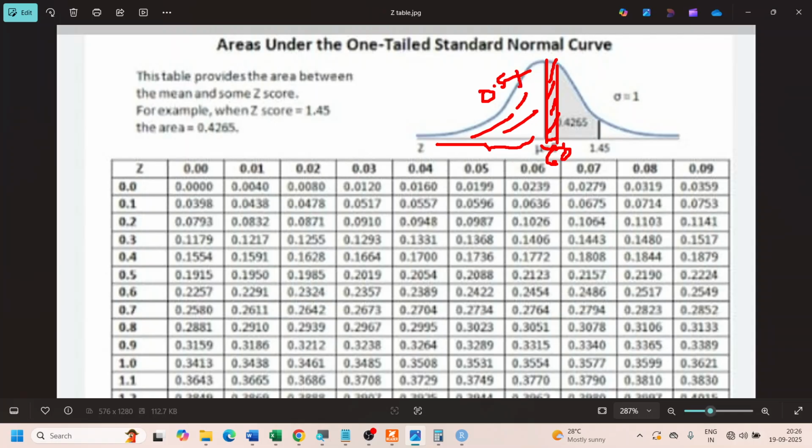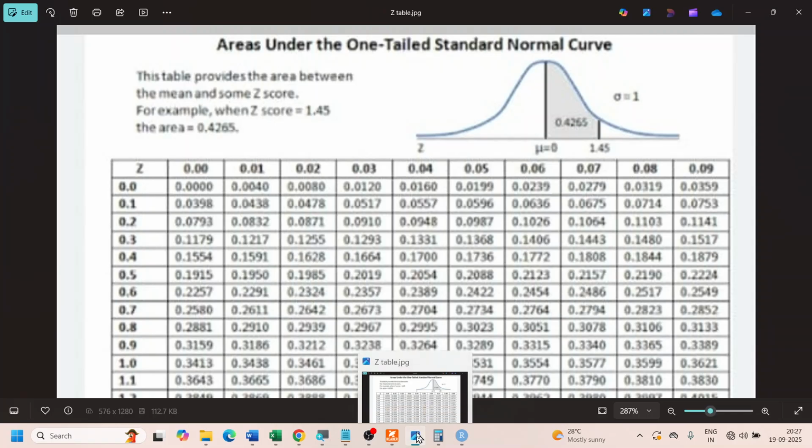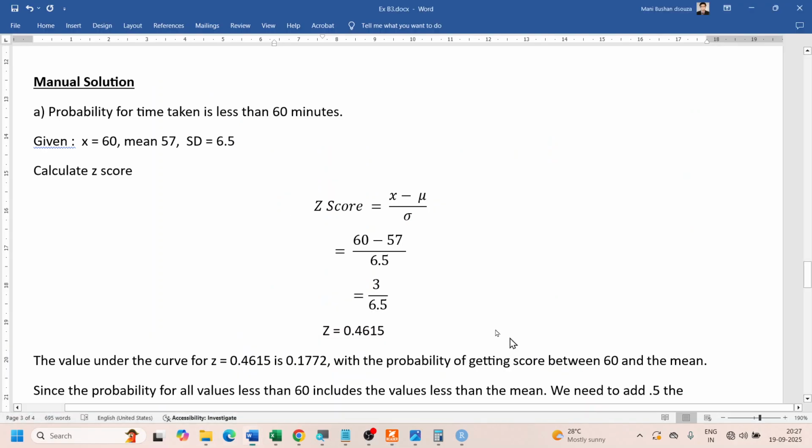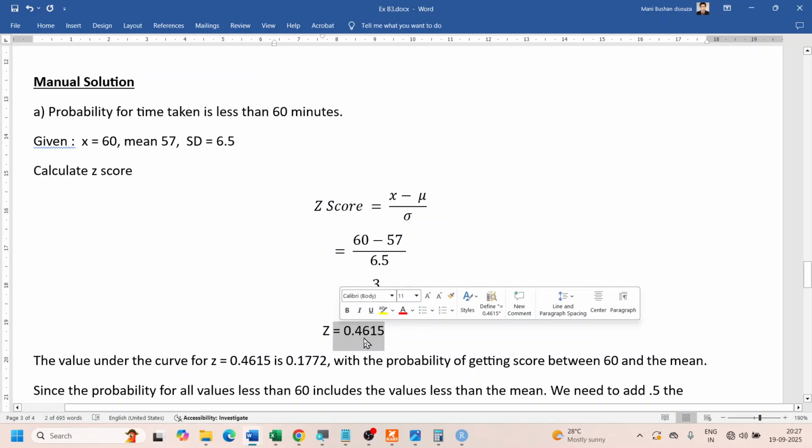So let us try to get the result here. What is the Z score that we have got? Let me go here and get the Z score value. The Z score is 0.46.